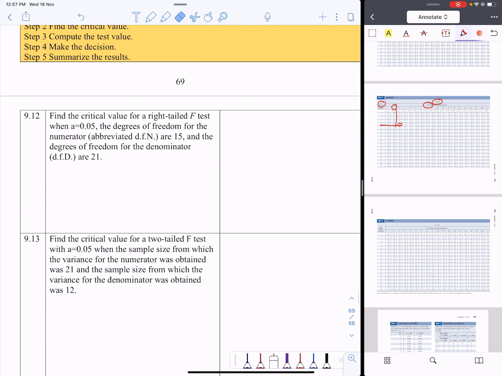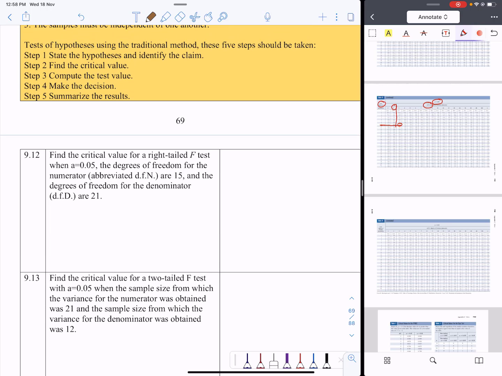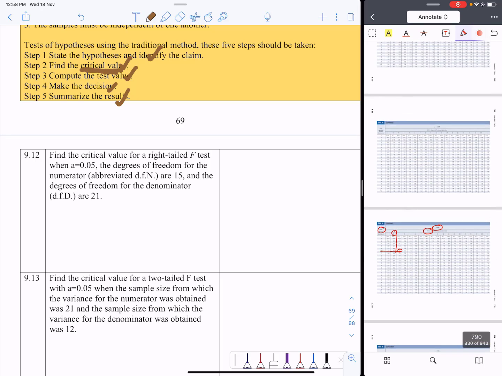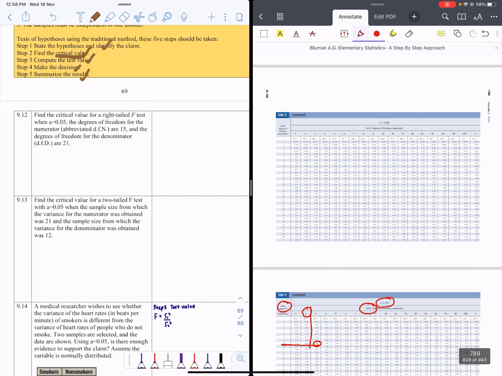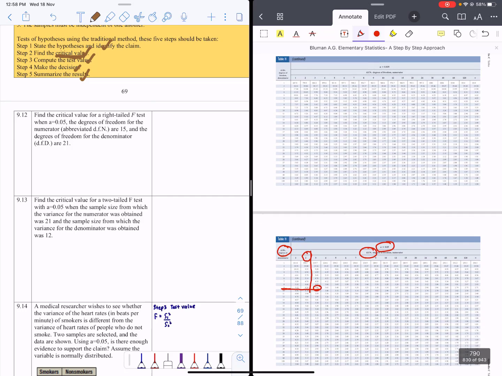And of course, among the very important parts in fulfilling all the steps here — state hypothesis, find critical value, compute, make a decision, summarize result — is to find the critical value. Because in this part you need to use Table H. Table H itself consists of many things, because the alpha gives you a different table.